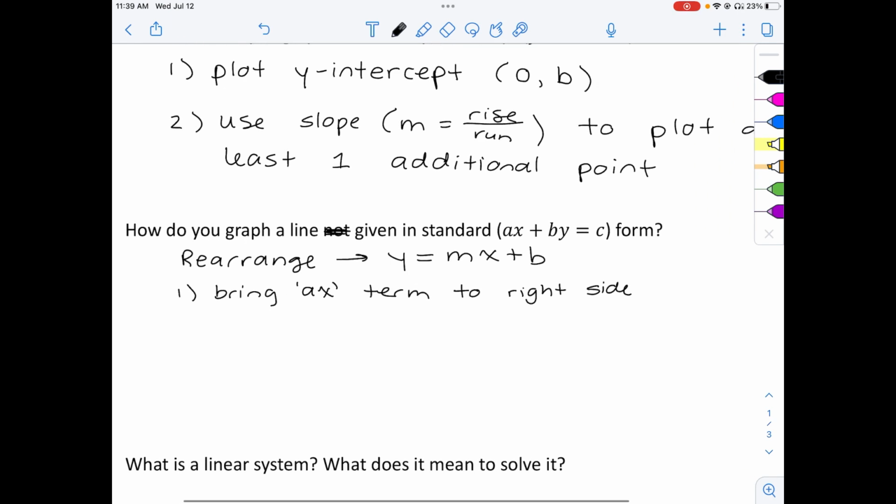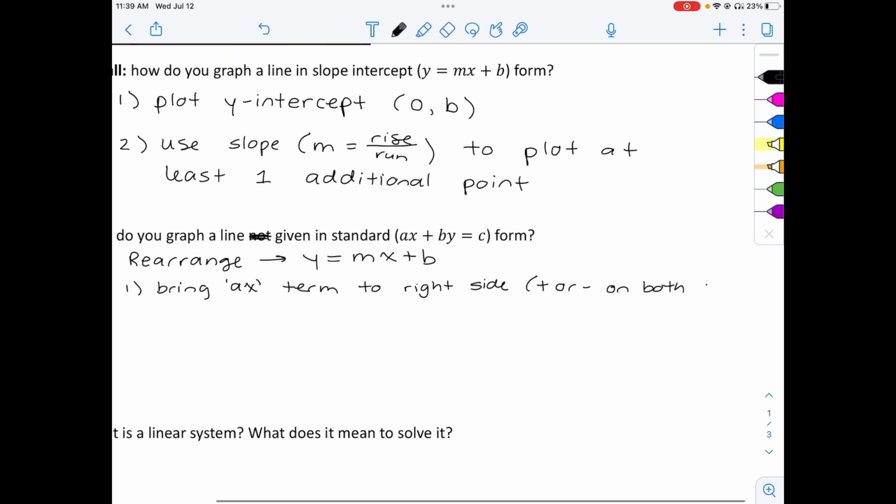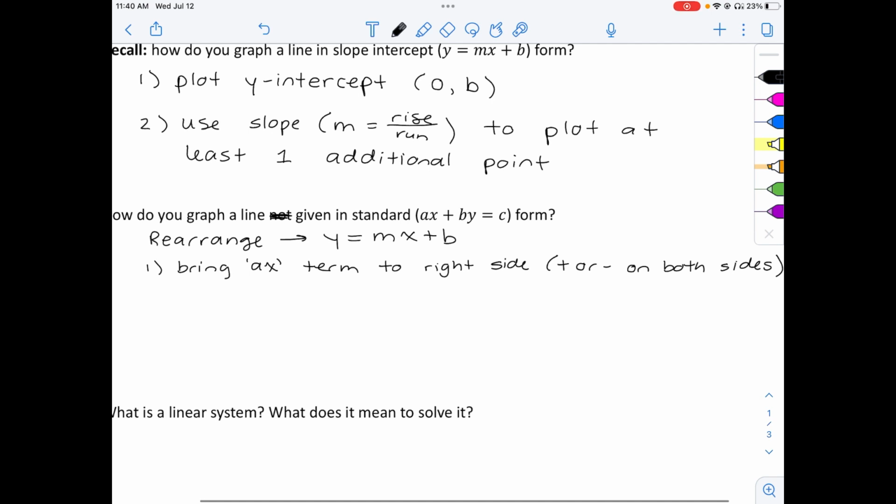Okay, and you're going to do this by either adding or subtracting on both sides. Just depends on what the sign is of your a coefficient. Okay, so like let's say it was 2x, you would subtract 2x on both sides. So then you would have by equals negative ax plus c, or if it was a negative already, then it would be a positive.